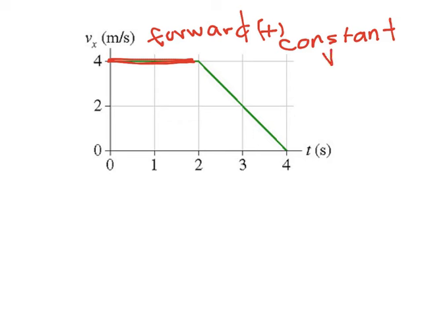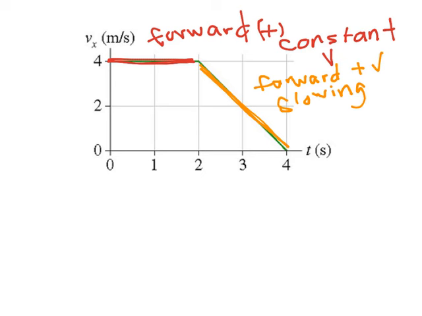Then, as time goes on, we're still going forward, however, we are slowing down. So this area is still a forward velocity, or a positive velocity, but we are now slowing. Our velocity is getting closer and closer to 0.